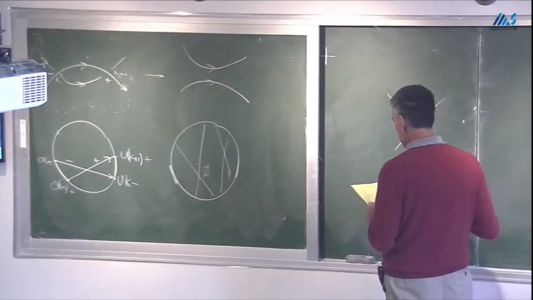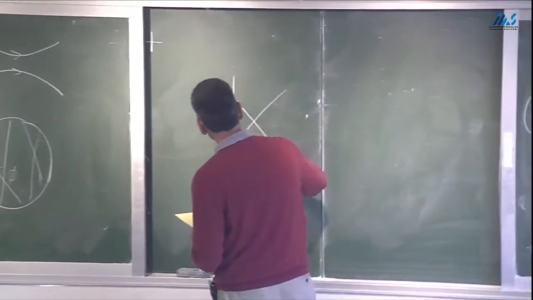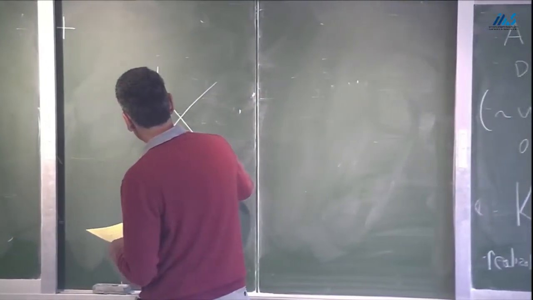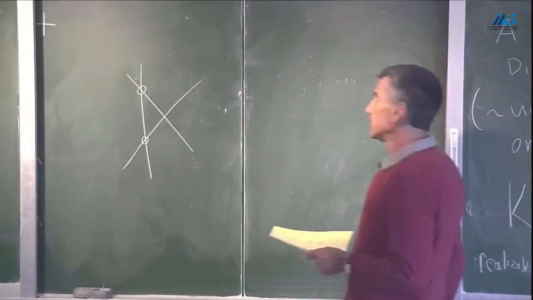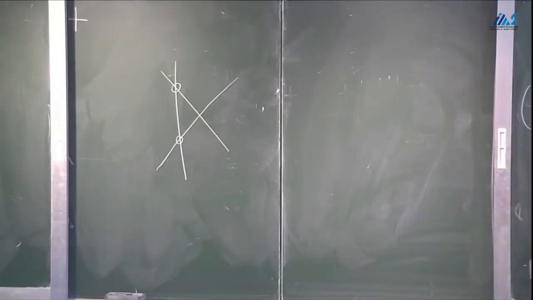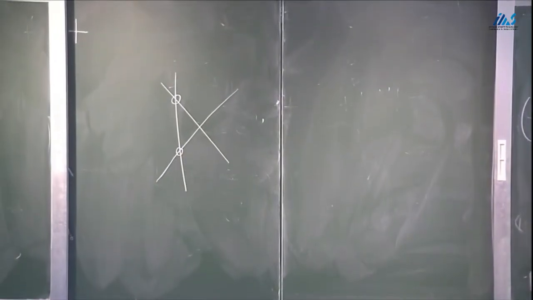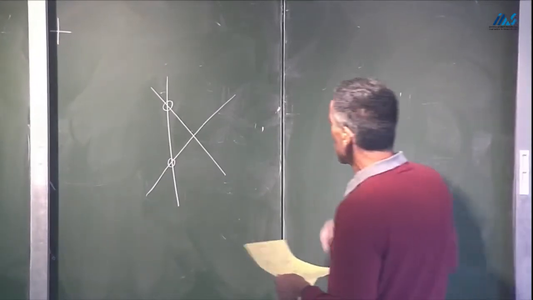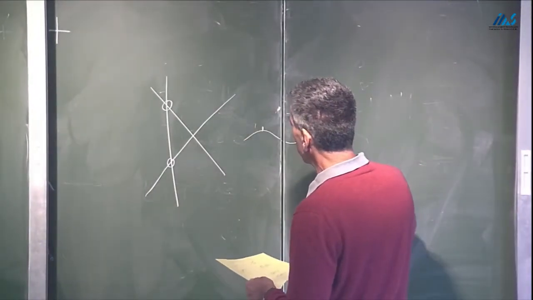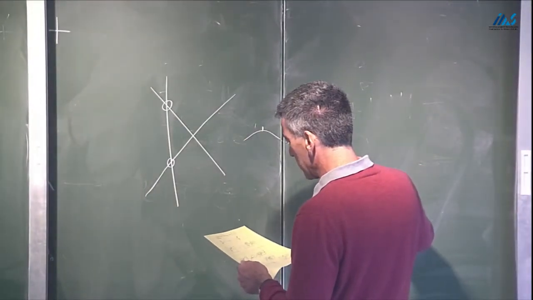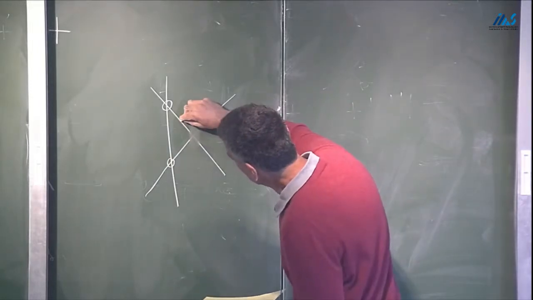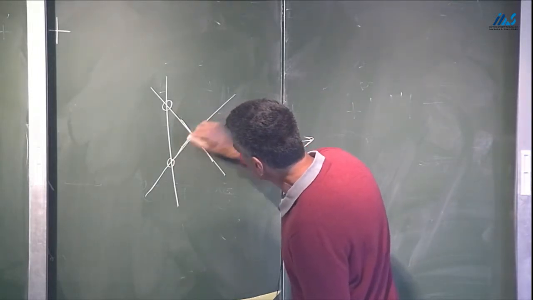So you can work with virtual Reidemeister moves. Just like there are Reidemeister moves for real crossings, in this virtual theory you're allowed to make moves like this. This is a real crossing, so this looks like this.